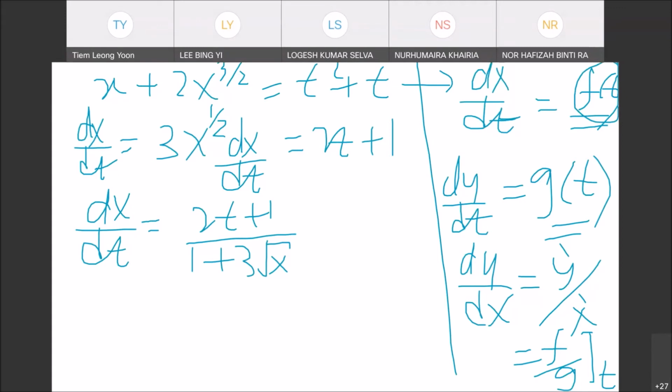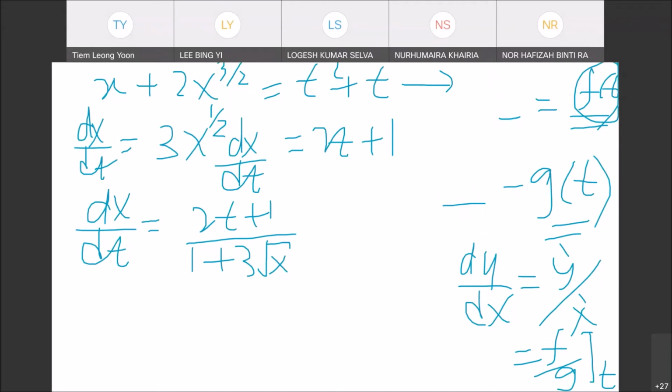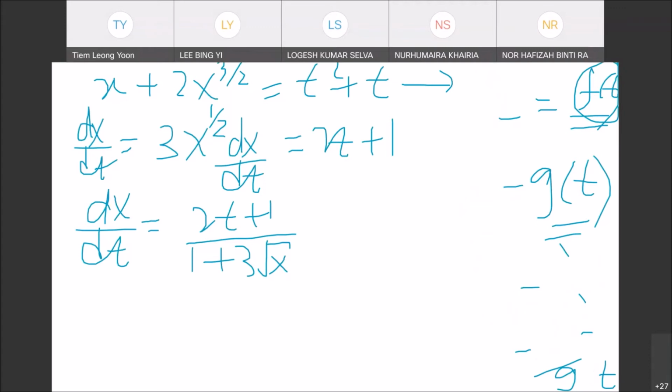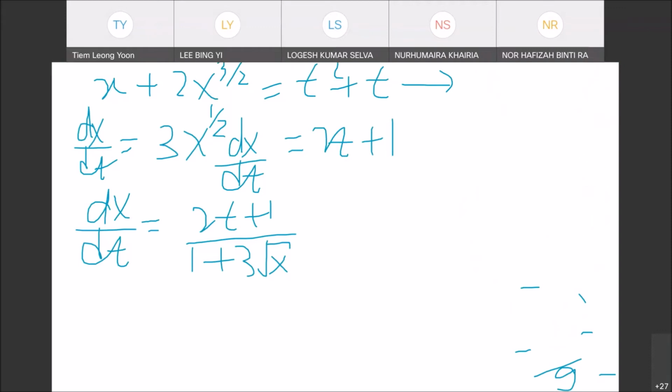So I'll carry out these calculations to work out what dy/dt is. Let me clean the space for dy/dt. Clean up, do it fast.